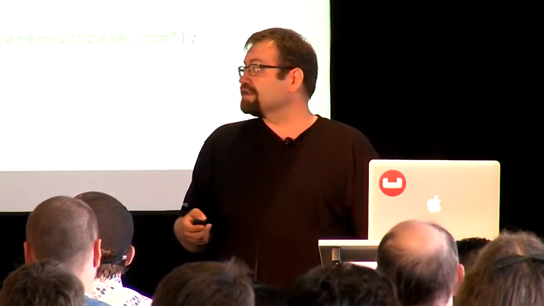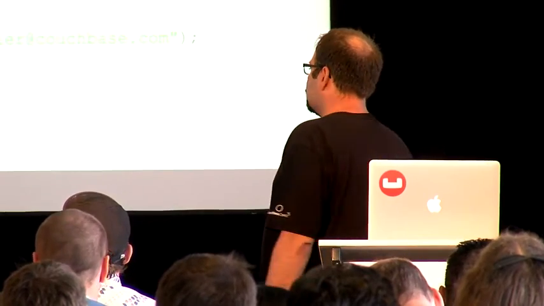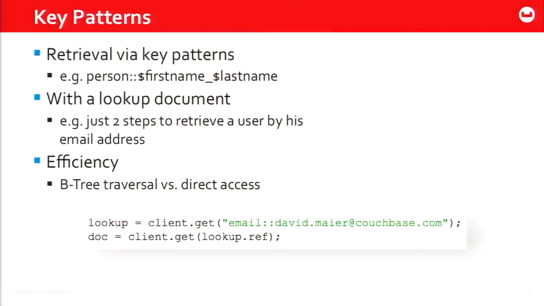Let's assume an example: you have an application and you would like to log in by using the email address and the username. There would be two ways to find your user based on the email address.